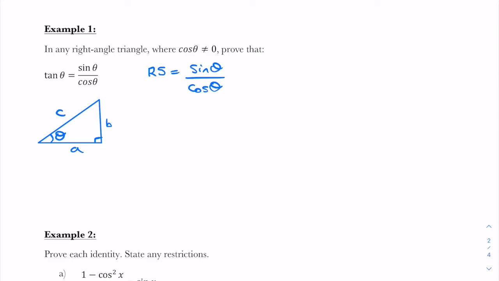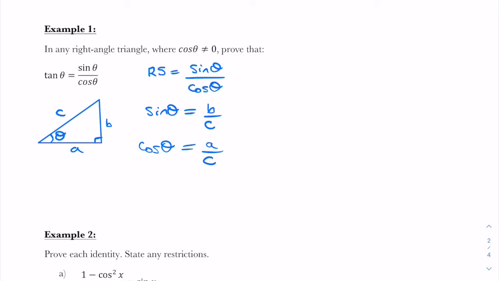And now, using the picture to the left, we can come up with expressions for sine theta and cos theta respectively. So for instance, sine theta would just be opposite over hypotenuse, which is equivalent to B over C. Similarly, cosine theta is equivalent to adjacent over hypotenuse, which would be A over C.